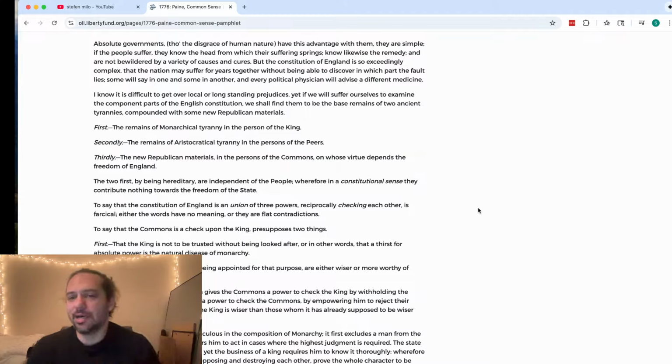There was this idea that the king had a fatherly reciprocal relationship with the people of England. But he points out that this makes no sense, because if that's true, then we should just get rid of the king. If the king needs to be looked after, meaning he has a tendency towards wanting more power and greed, and the people have the ability to check him, well, let's just get rid of him and have the people do what's right, because the people know better, right?